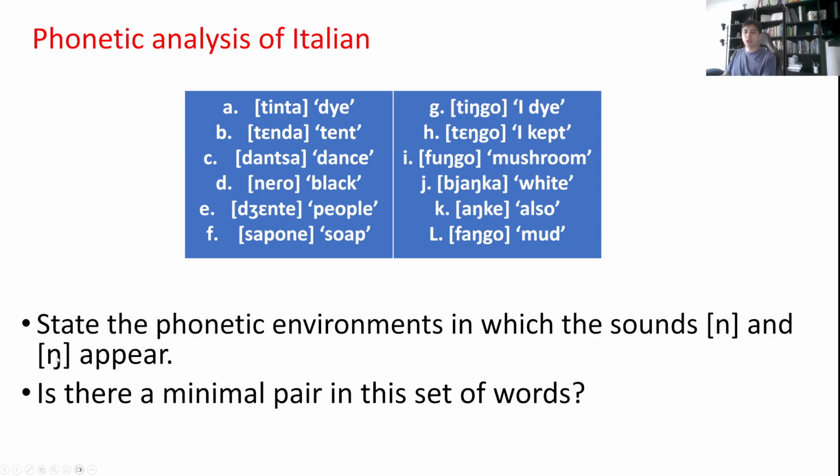And this one too, okay? And the second question that I have for you, which is connected to the previous video, Phonology 1, is: is there a minimal pair in this set of words? Yes or no? Okay, so this is the end of the video.